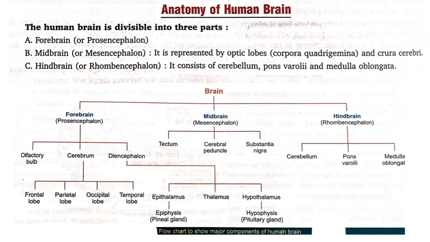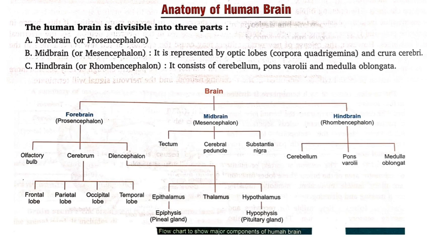Brain divided into forebrain, midbrain and hindbrain. The forebrain is divided into olfactory bulb, cerebrum and the diencephalon. The midbrain into tectum, cerebral peduncle and substantia nigra, and hindbrain into cerebellum, pons varolii and medulla oblongata.